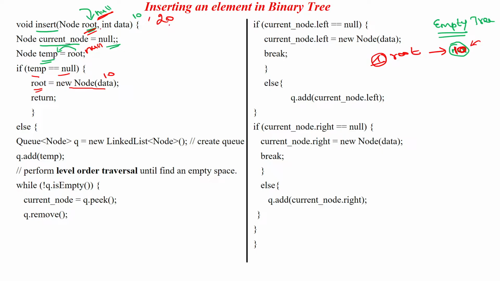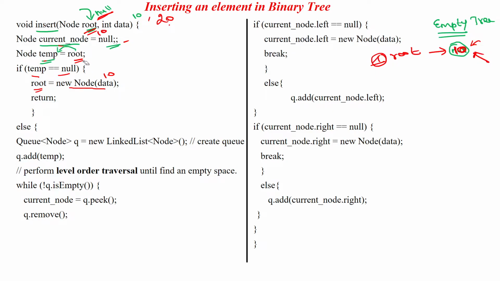Data is 20, and the root value is now 10, because our root is 10. Again we create current node, which is null, and the root 10 is assigned to the temporary variable.